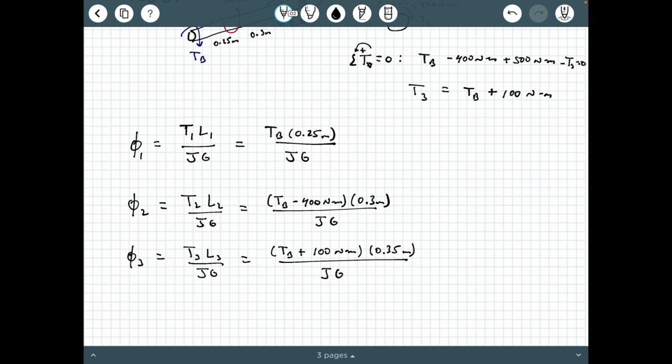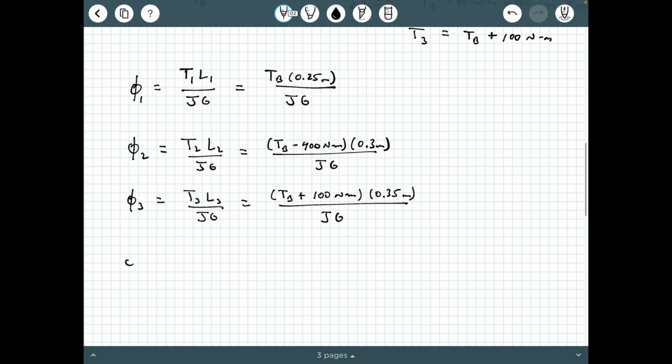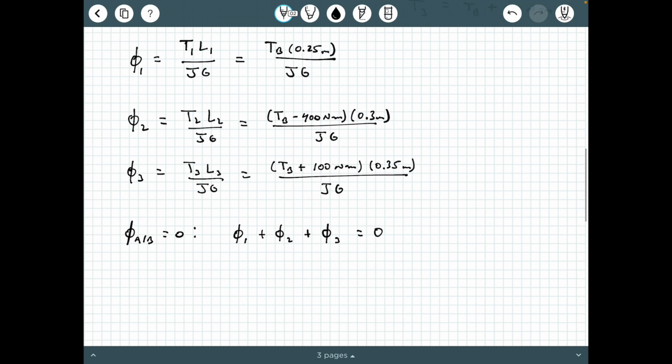And so how do we relate these all together? Well, again, it goes back to the compatibility equation. So our compatibility equation says phi A relative to B equals 0. Well, what that means to us here is that when you add up these phi values, they should be 0. So we're going to say Phi1 plus Phi2 plus Phi3 equals 0, all right? And so then what we're going to do is add up these 3 expressions together, right?